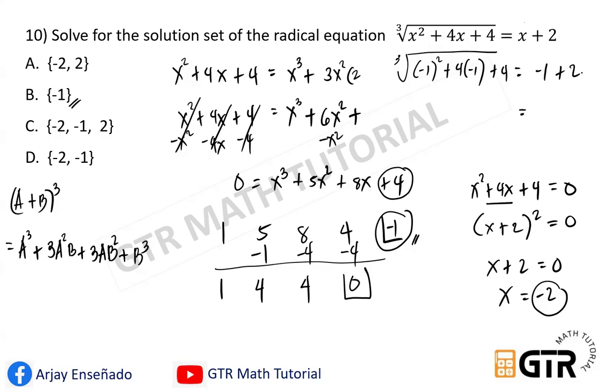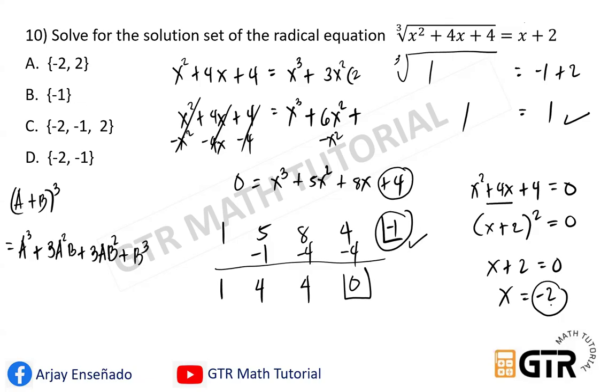The right side, negative 1 plus 2, is equal to 1. Let's simplify this. We have negative 4 here, 4 times negative 1. So we have negative 4 plus 4, and this will cancel out. And then negative 1 squared is equal to positive 1. The cube root of 1 is 1. So therefore, negative 1 is a solution.